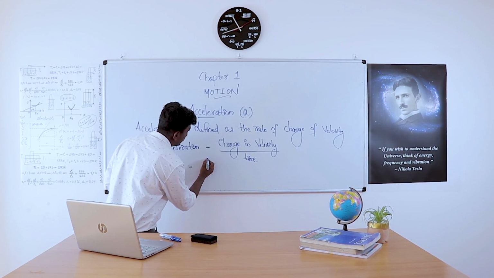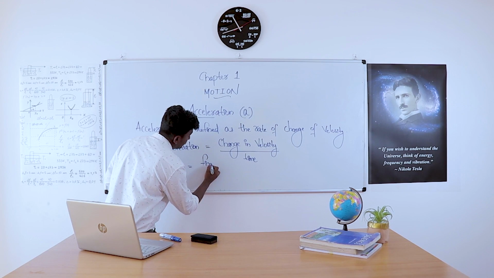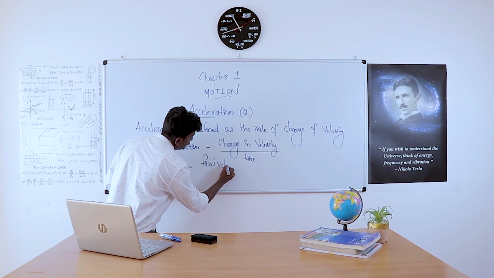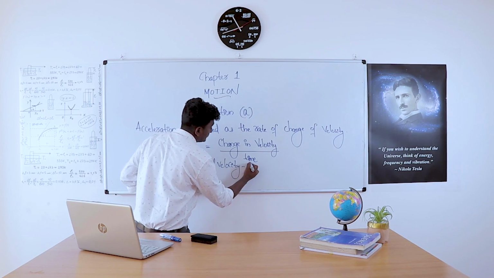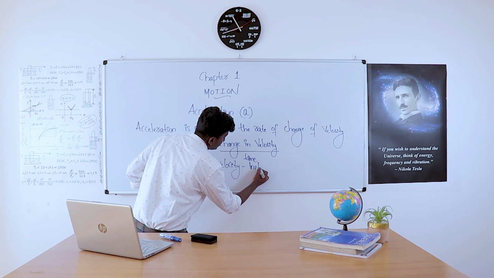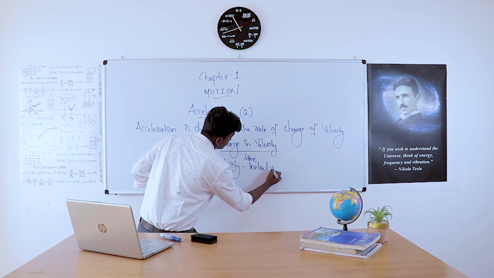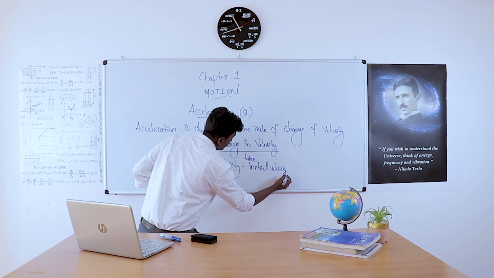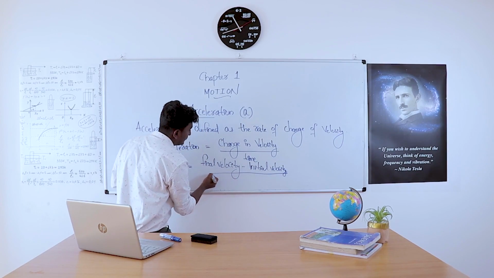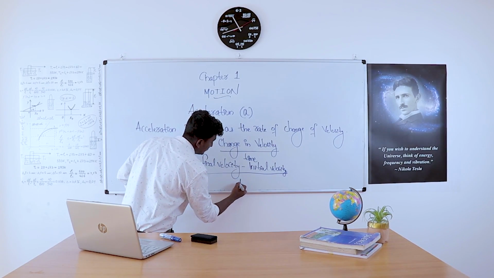Therefore, A is equal to final velocity minus initial velocity divided by time.